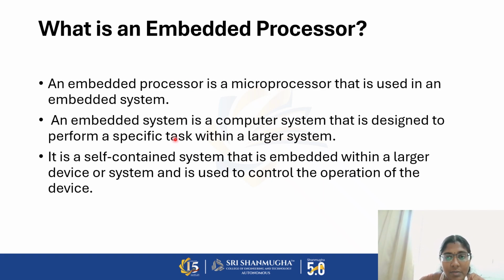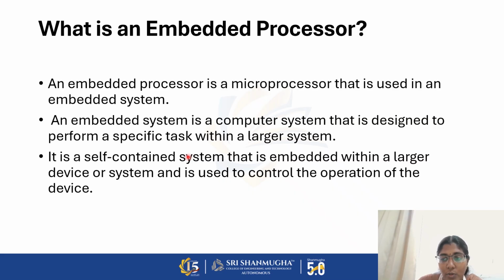An embedded system is a computer system designed to perform a specific task within a larger system, or it can be an independent system. It is a self-contained system that is embedded within a larger device or system and is used to control the operation of the device.